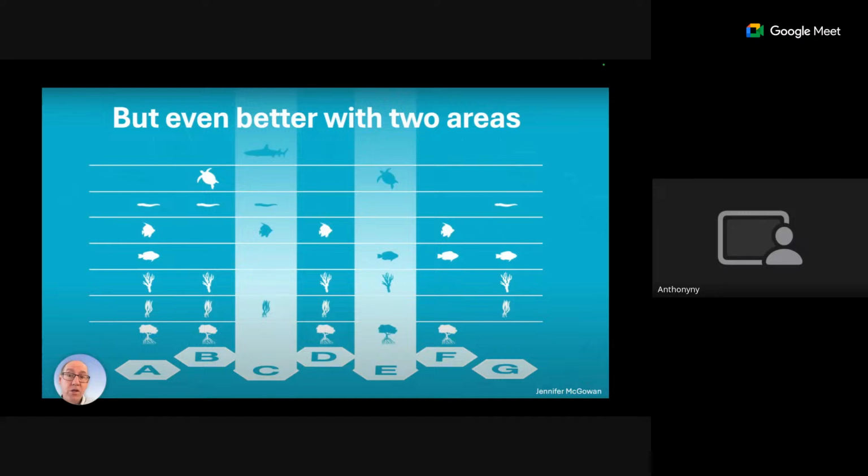But fish, some fish will stay with the coral, but other fish like tuna will move. And so when you know the distribution of a tuna species, you might be protecting 30% of the area of that species. So that doesn't mean it's going to be in that marine protected area the whole time. It will move in and out of that area.